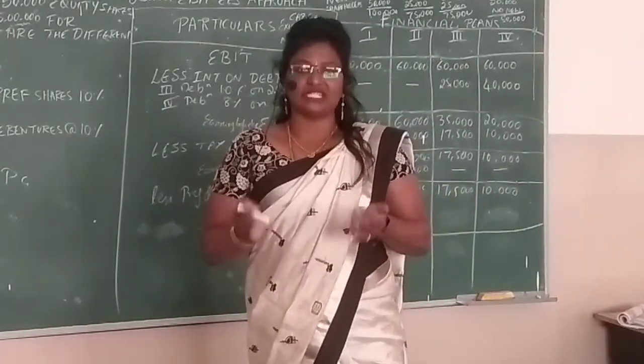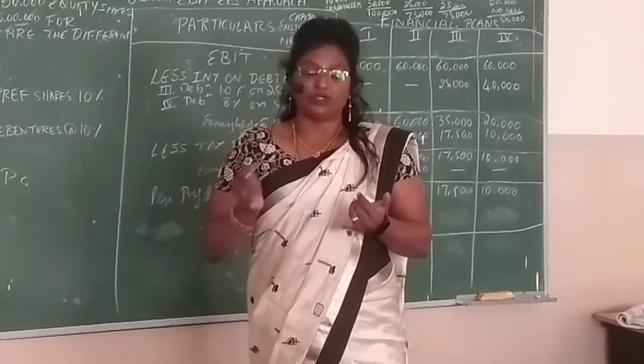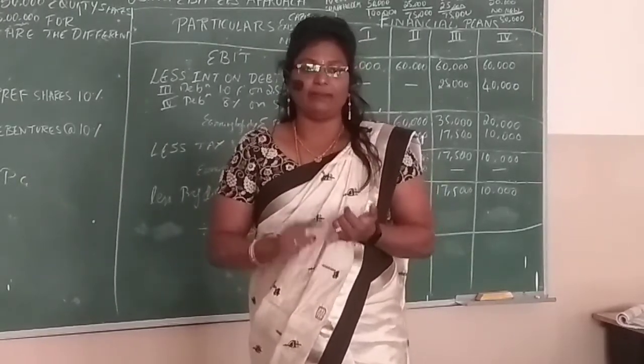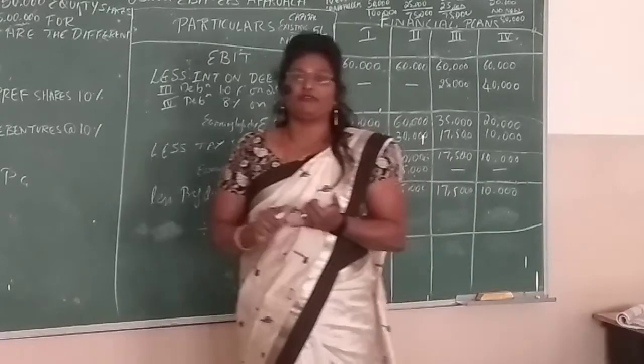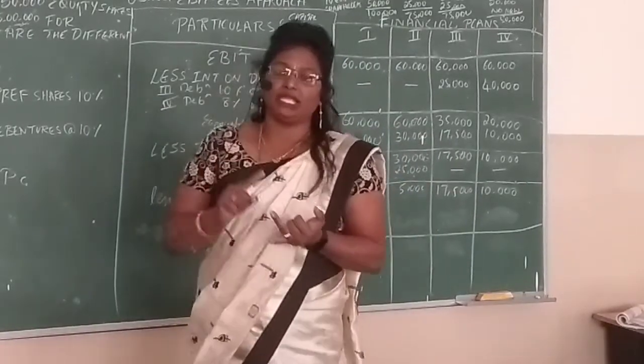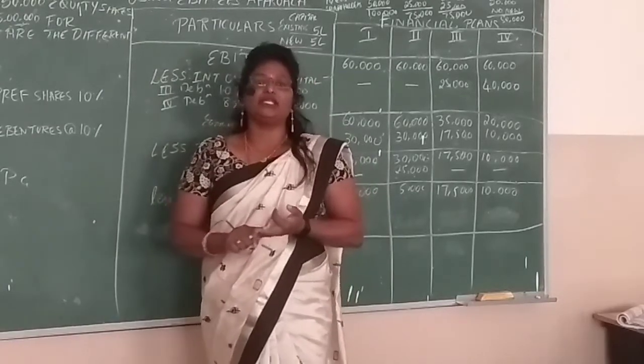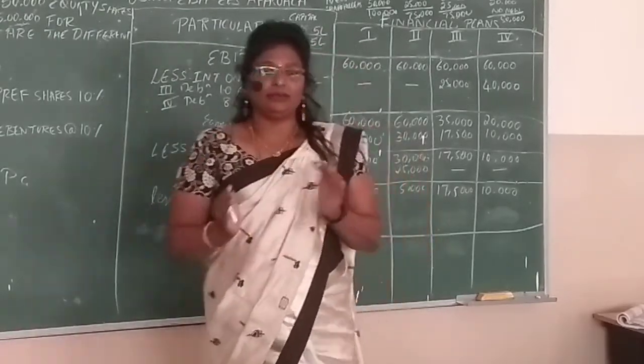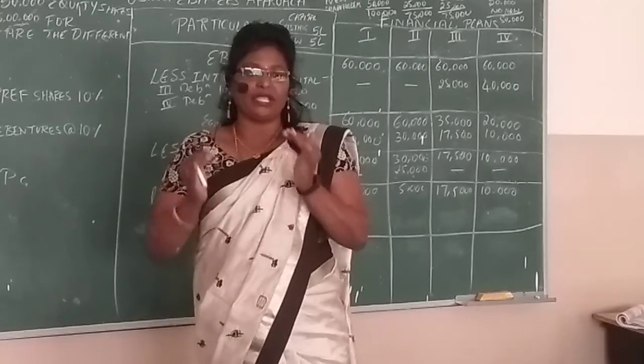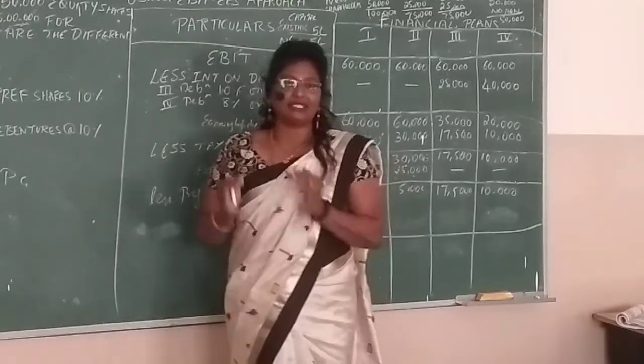What is the earnings available for equity shareholders? Shareholders take money after paying the preference shareholders' dividend, after paying interest on debt capital, and after paying tax. Whatever remains after paying all these is for them.